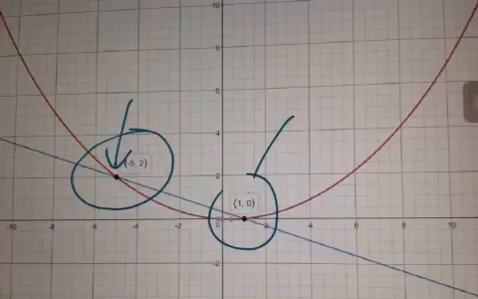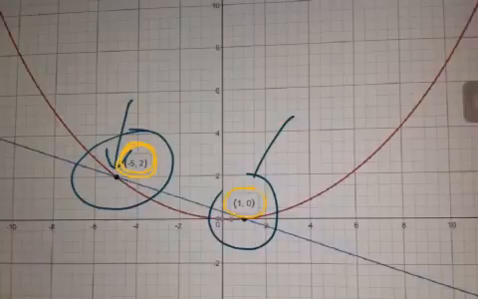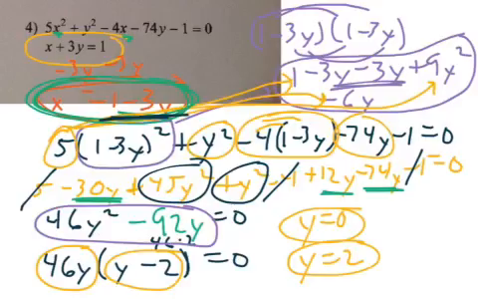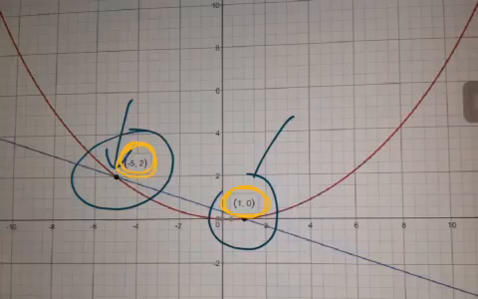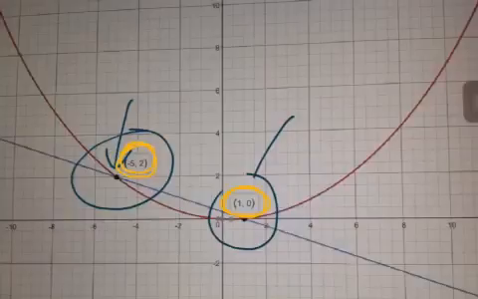And notice, follow the gold, where they intersect is exactly the same result we got right here and right here. (1, 0) and (negative 5, 2) is exactly what we got in the graph.